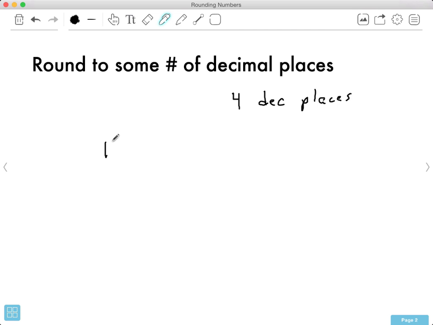Let's look at a number like 17.2963481. You've got this ugly number on your calculator, and your teacher is asking you to round to 4 decimal places. Again, don't worry about the 17. We know the 17 is going to be part of the answer. We're rounding the decimal places. So we look at 1, 2, 3, 4. The 3 is in the 4th decimal place.